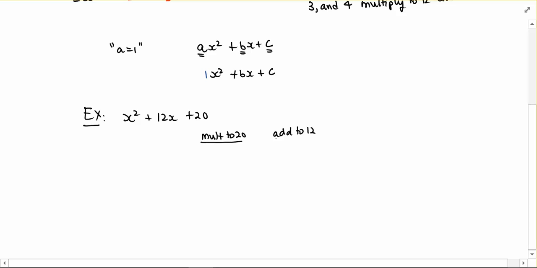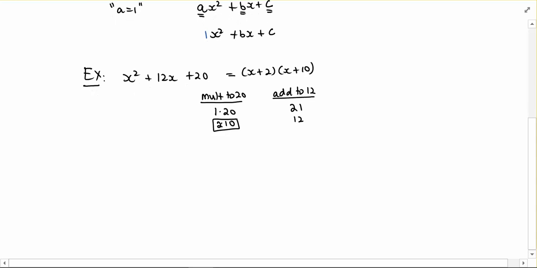That's what we are looking for. So if you don't see it straight up, you can just start at 1 and 20. That's 21. 2 and 10. That's 12. Oh, there it is. So I found my pair. They are right there. So the answer to this question is x plus 2, x plus 10.